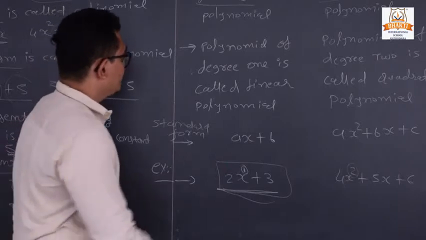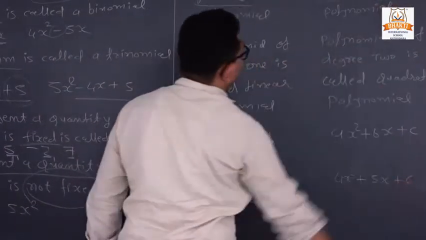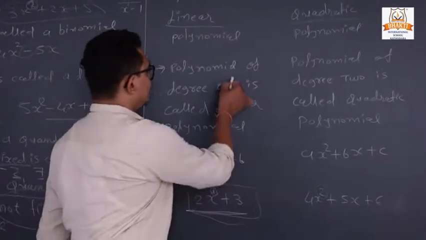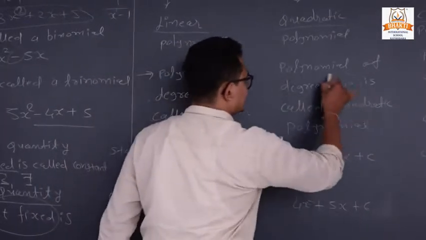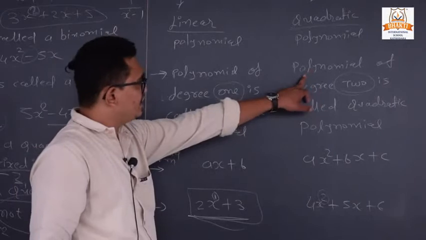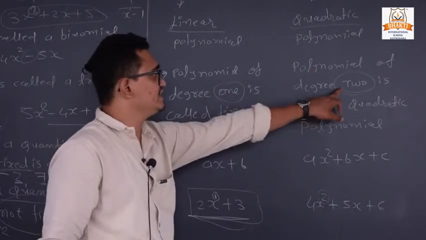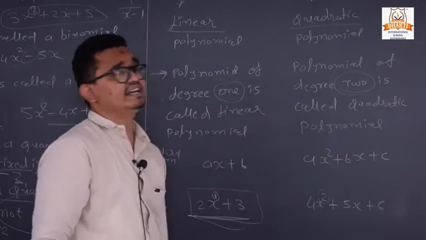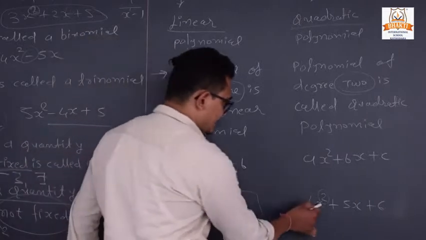Second, quadratic polynomial. In the previous case the degree was 1, in this case the degree is 2. If any polynomial has a maximum degree of 2, then it is called a quadratic polynomial. See that example.